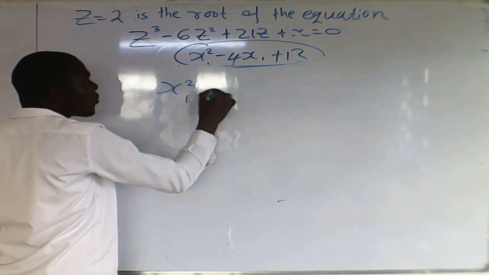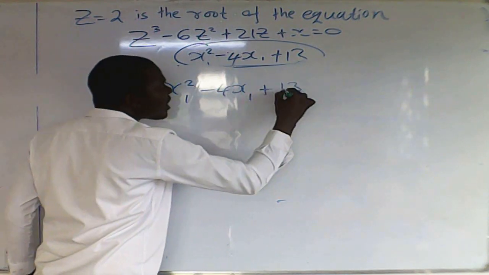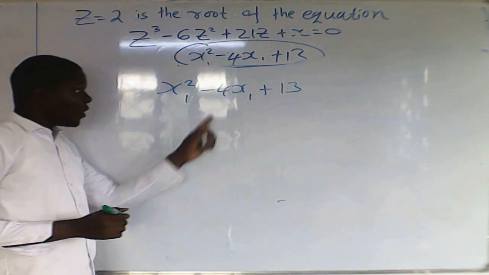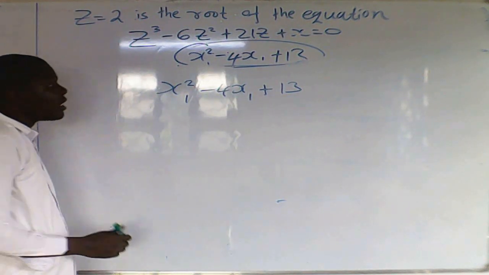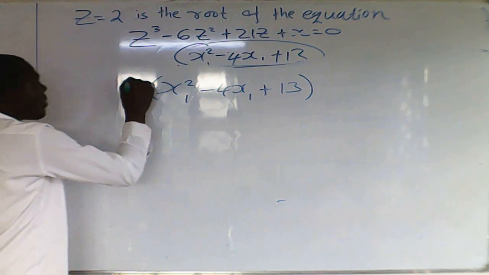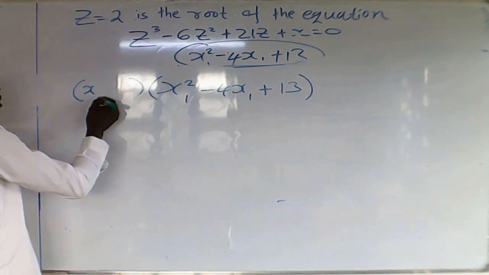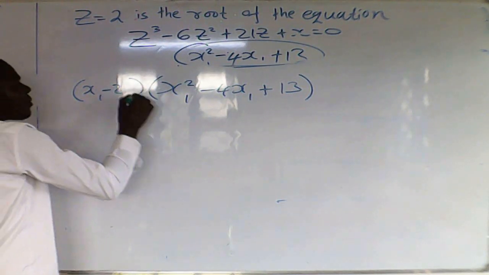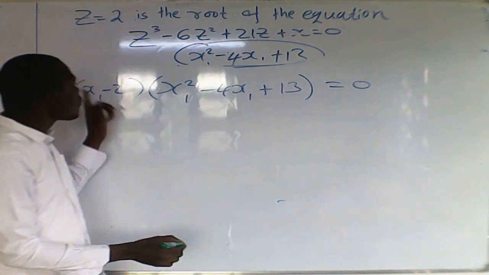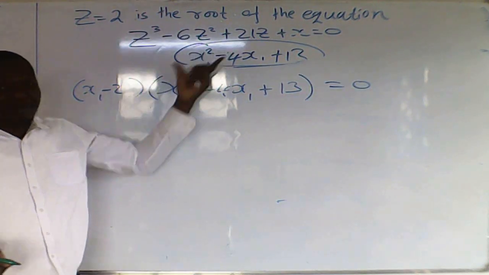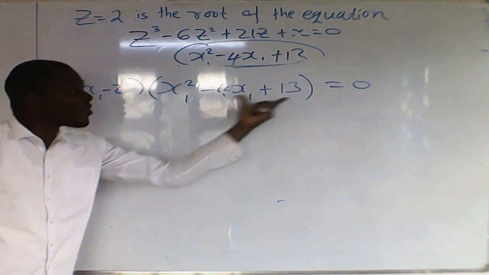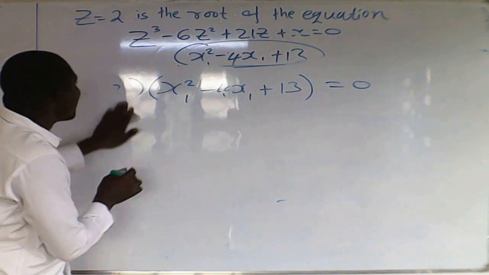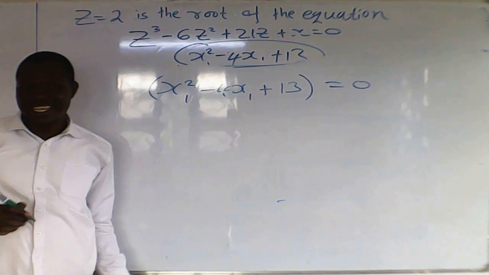We want this one to get the other roots using the quadratic formula, because if you multiply it with that first factor, x1 minus 2, you get the cubic we had, isn't it? So either this is 0 or this is 0. So we are now dealing with the second part.